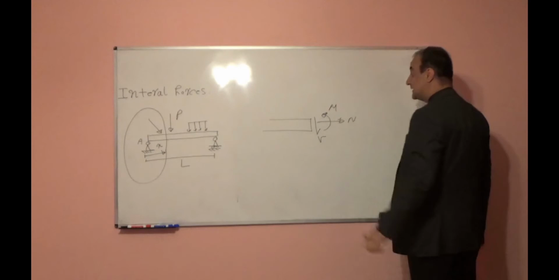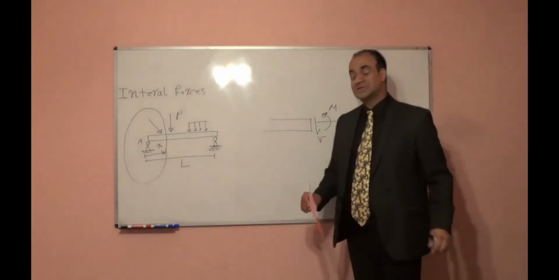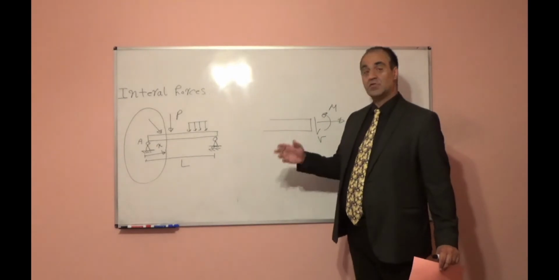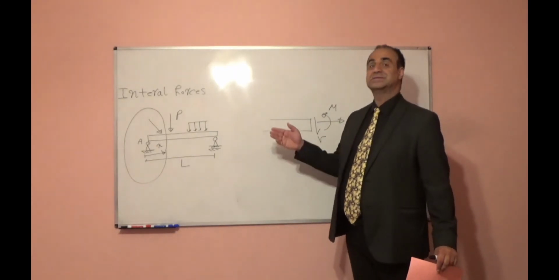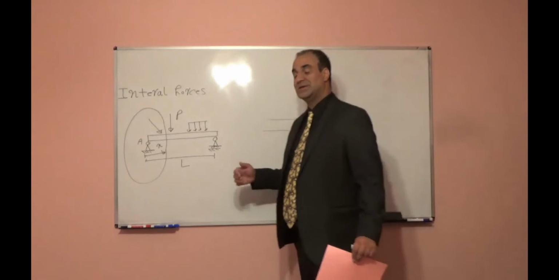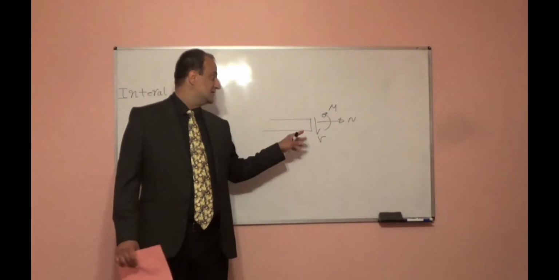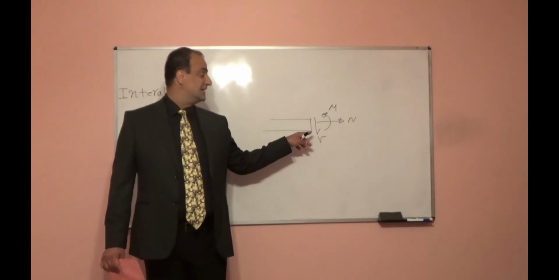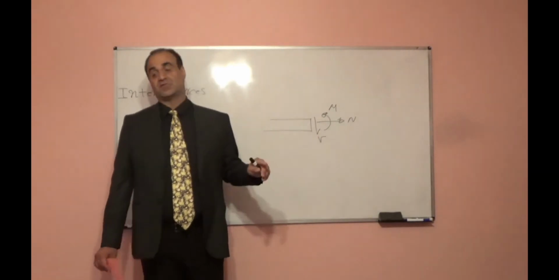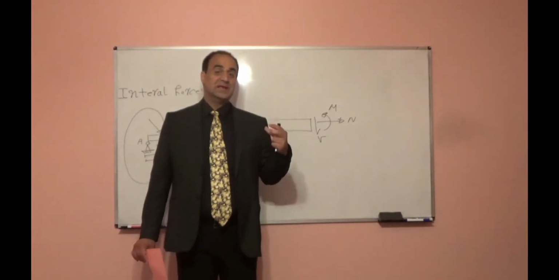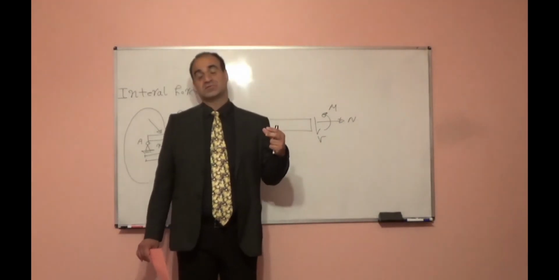Only 3 internal forces. In real life, most structures are in 3 dimensions, but fortunately the behavior is in 2 dimensions, or we can simplify to 2-dimensional behavior. So most of the time we will deal with these 3 internal forces, but in some space structures you need all internal forces in space.